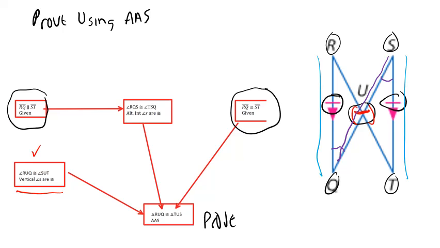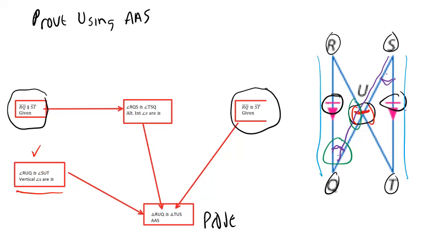So that means that we've got this angle is congruent and this angle is congruent, and now we've got angle, angle, side. Put that in a different color.